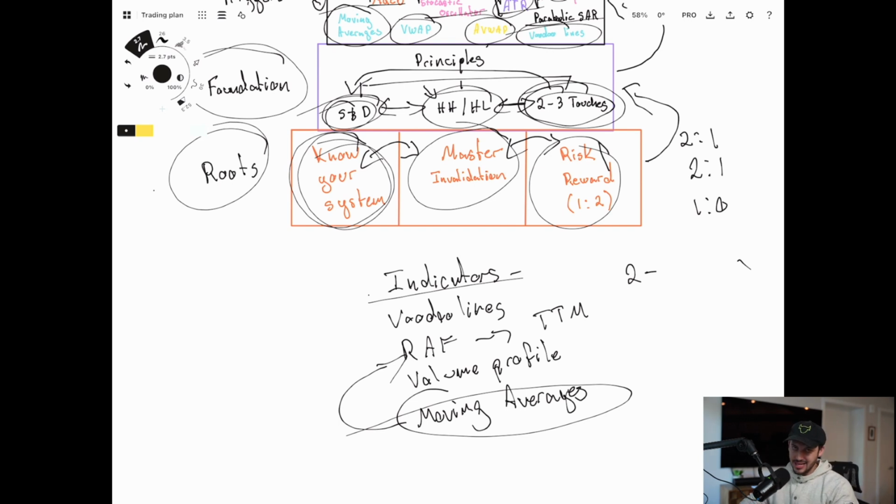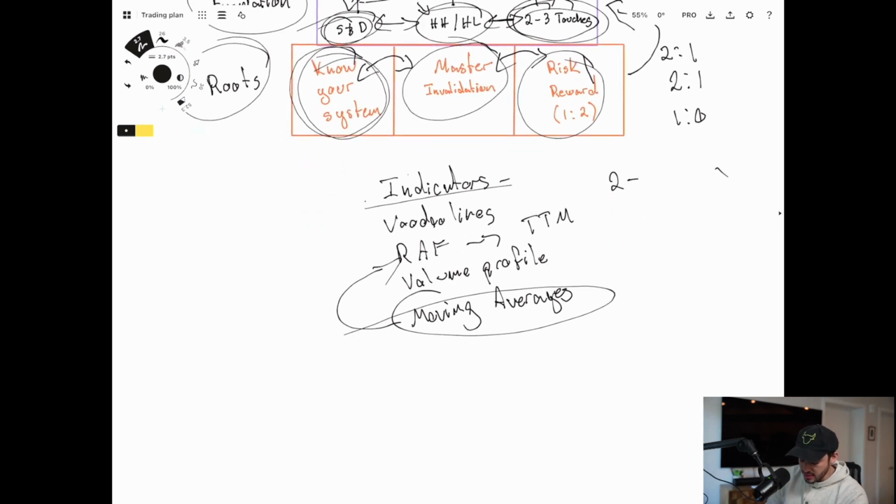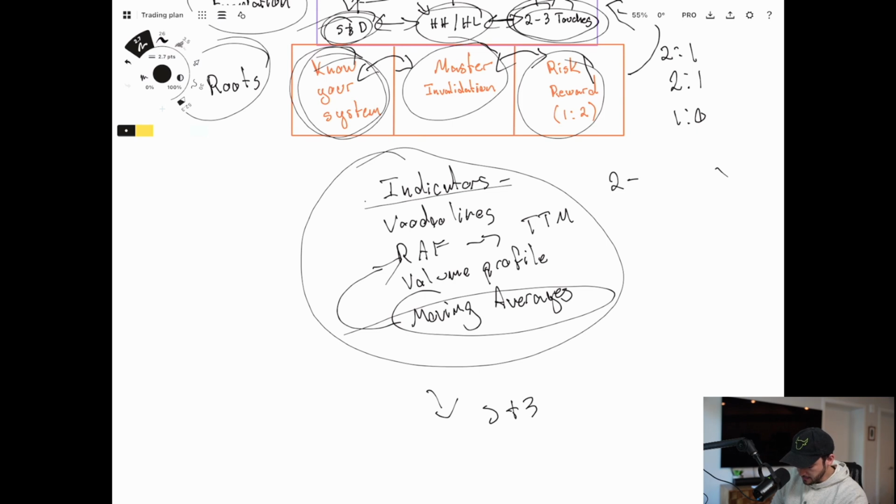Now, what I didn't tell you and what should be inferred very heavily is that I'm using the indicators with my supply and demand, S and D. And I'm also using that with higher lows and higher highs.